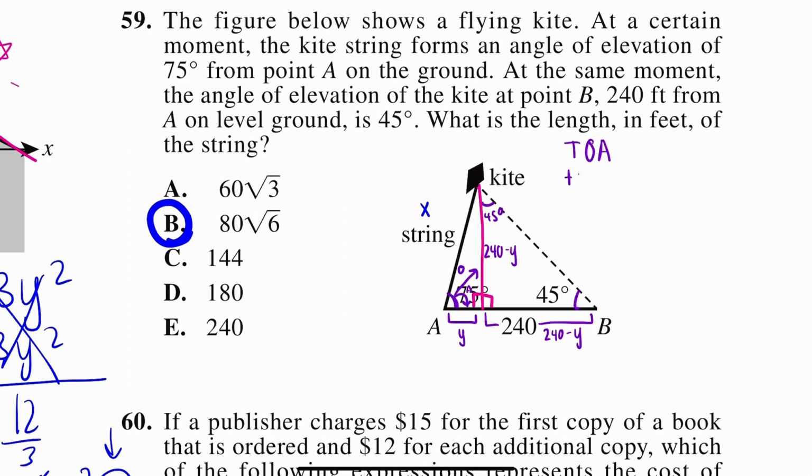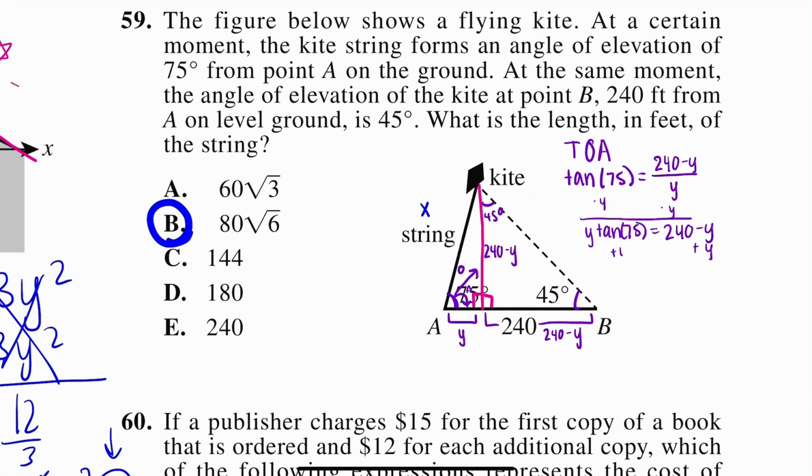So the tangent of 75 degrees is equal to the opposite side, which is 240 minus y, over the adjacent side, which is y. So let's solve for y. I'm going to move this y over. So I have y times tan of 75 equals 240 minus y.